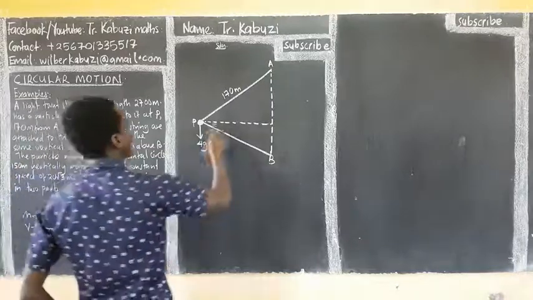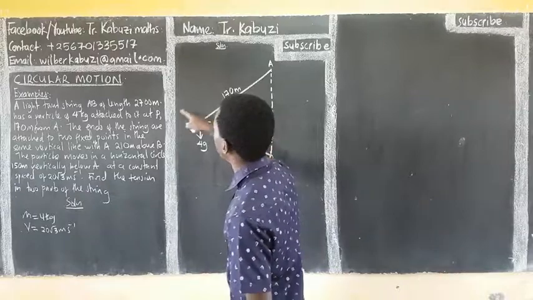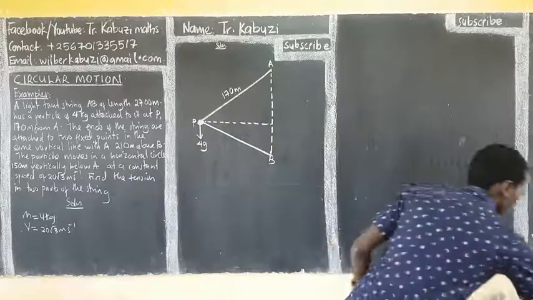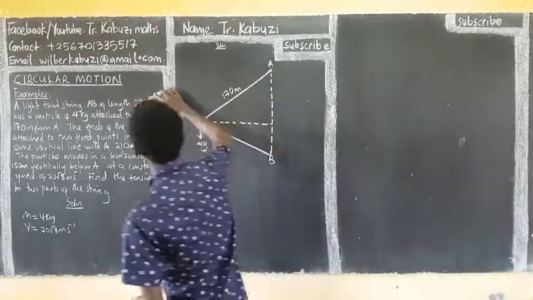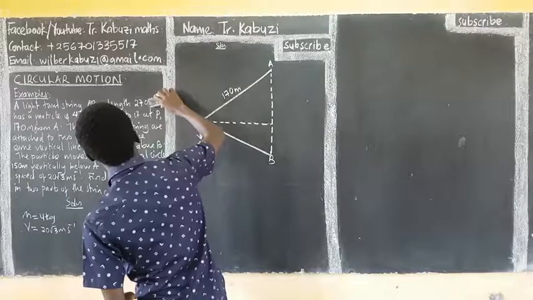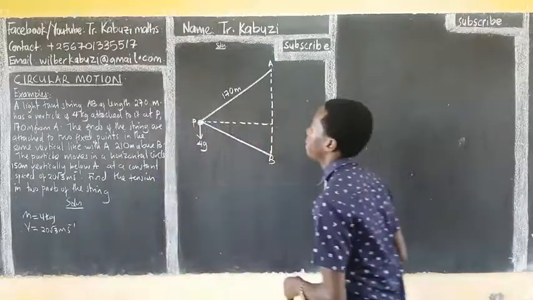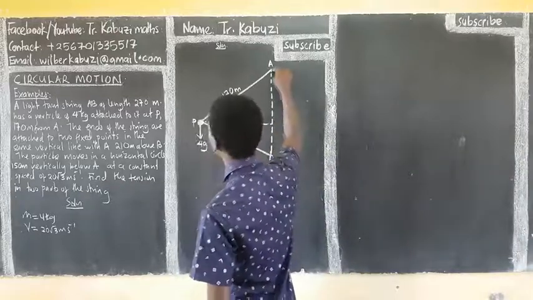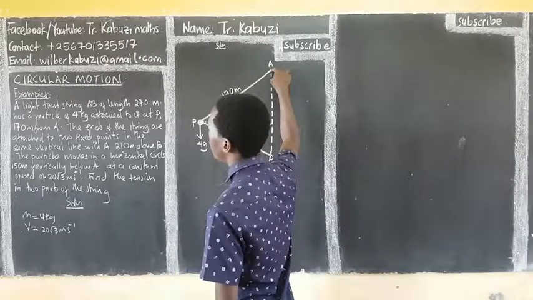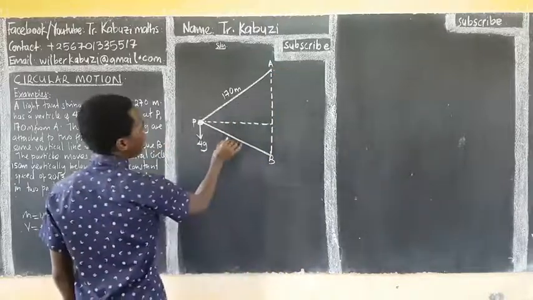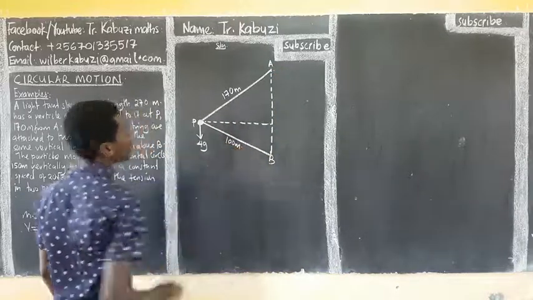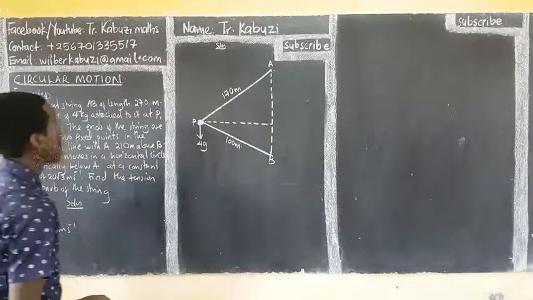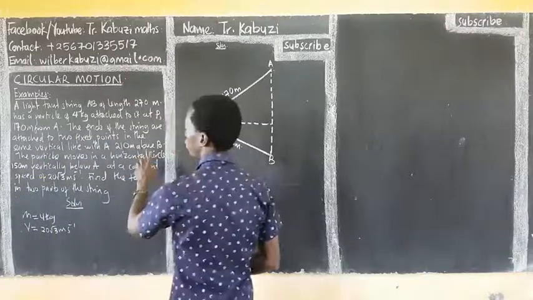Now this is 270, not 2. This is 270. But they're telling us that from here up to here is 170. It means that the balance is going to be 100 meters, like that.